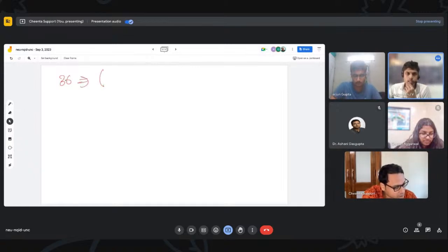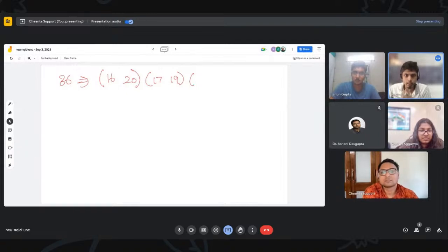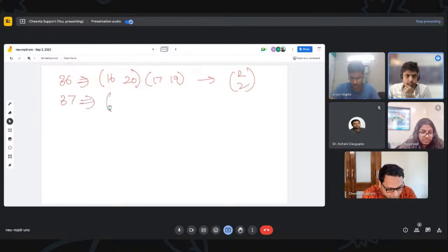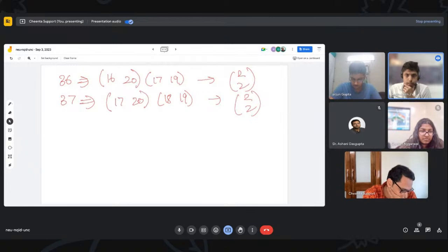So 16 and 20 and 17, 19. Yeah, so it will be 2 choose 2. And for 37 also, 17, 20, 18, 19, 2 choose 2. So they just pair up as we expected.